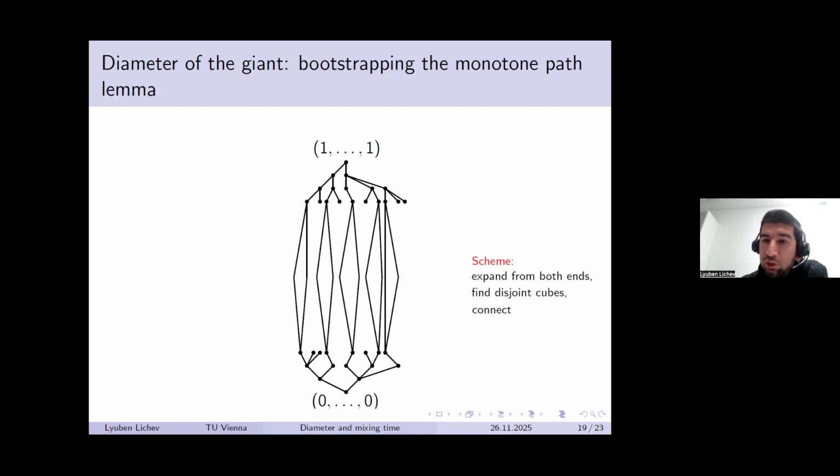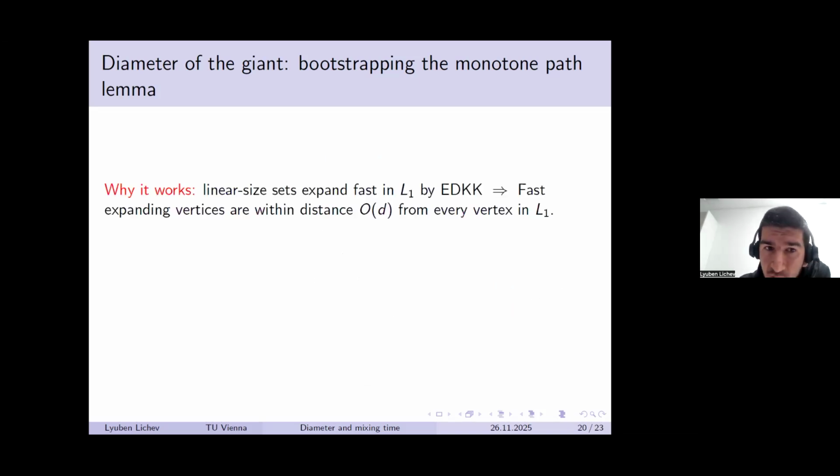So our general strategy to efficiently connect vertices which are far from each other in the hypercube would be to expand a little bit from the bottom, expand a little bit from the top, find these disjoint hypercubes, and then try to connect the corresponding vertices using the monotone path lemma. It's a potential strategy to try, and it actually kind of works.